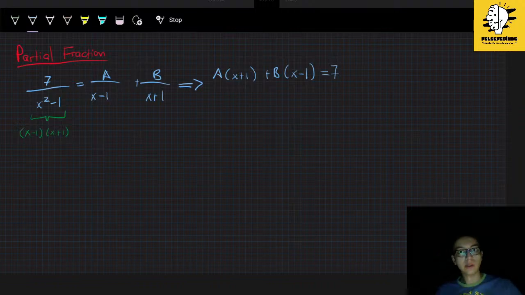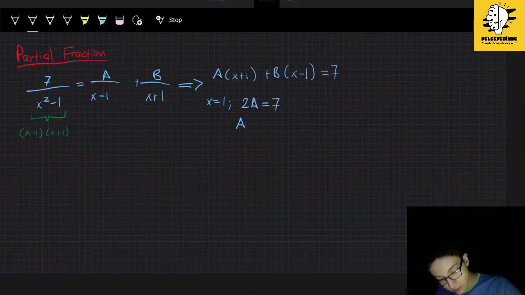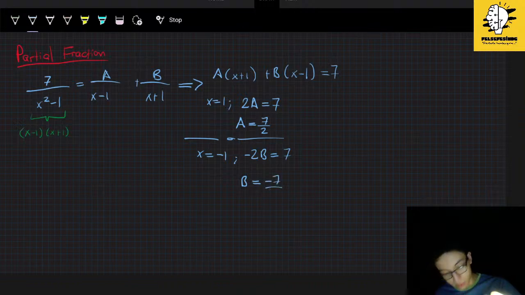Now we will just try to make the two terms equal to 0. Let's say x is equal to 1. When x is equal to 1, 2a is equal to 7, hence a is 7 over 2. Now let's say the opposite, x is equal to negative 1, to make the a part equal to 0 to solve for b. Negative 2b will be equal to 7, therefore b is negative 7 over 2.